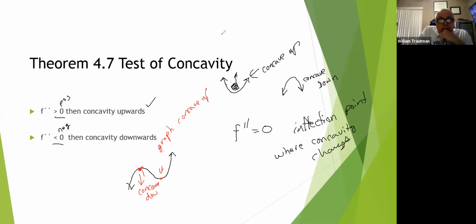And there's a point somewhere on this graph, about right here, where concavity changes. That's where the second derivative equals 0. That's called a critical value. Oh, not a critical value, an inflection point.